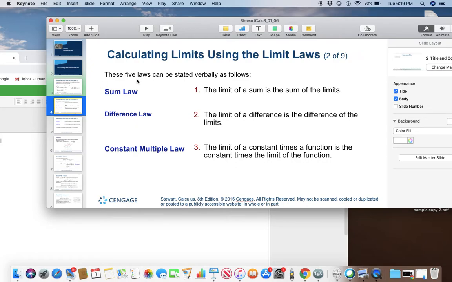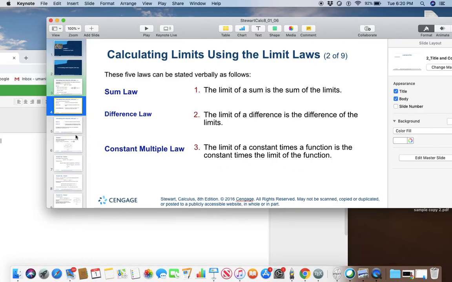Okay. So these 5 laws can be stated verbally. Sum law: limit of a sum is the sum of the limits. Difference law: limit of a difference is the difference of the limits. Constant multiple law: limit of a constant times a function is the constant times the limit of the function. So you take the limit of the product, or you get the constant out and then take the limit.